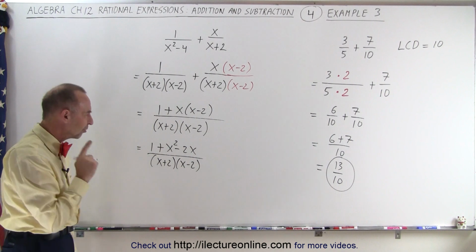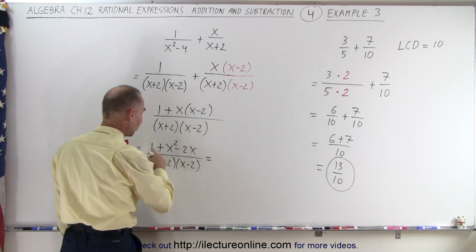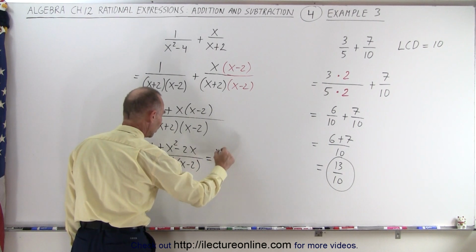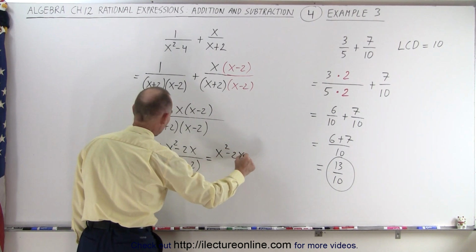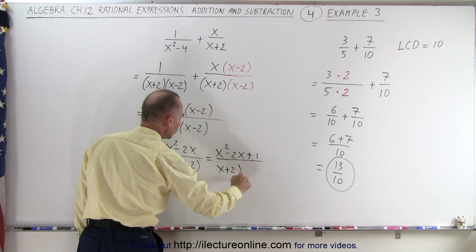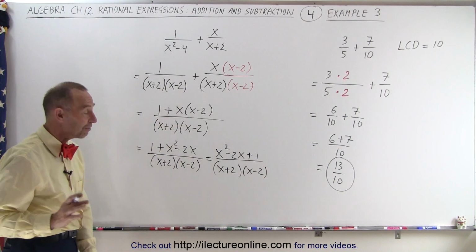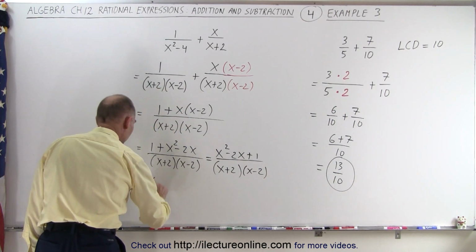And now I'm beginning to suspect that we might be able to factor that. Well, let's check it. We'll rewrite this in a different order: x squared minus 2x plus 1 over x plus 2 times x minus 2. Let's try to factor the numerator.